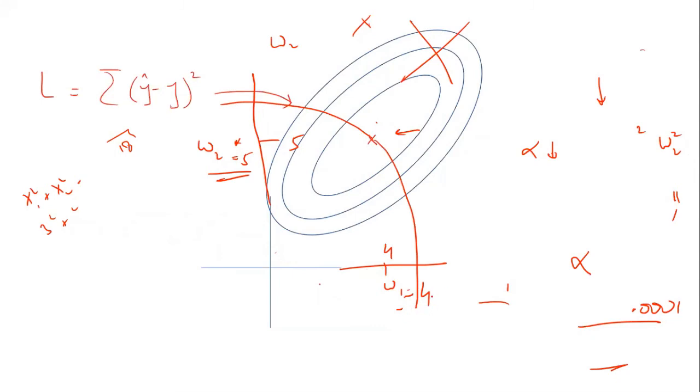Now, suppose that alpha becomes slightly larger and we pick a circle which is over here. So these are larger and larger circles. Where do you think the solution is going to be?